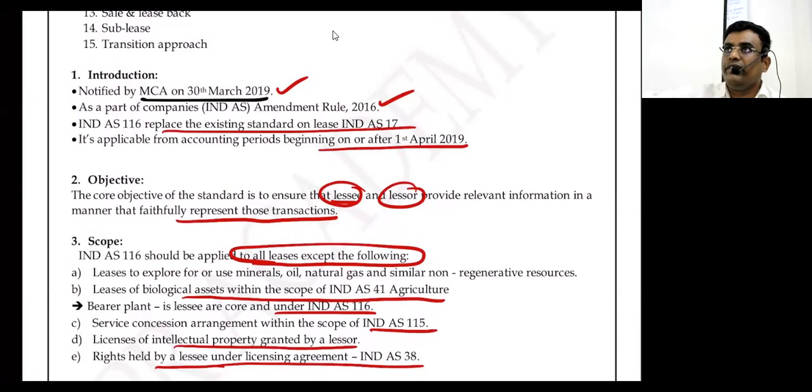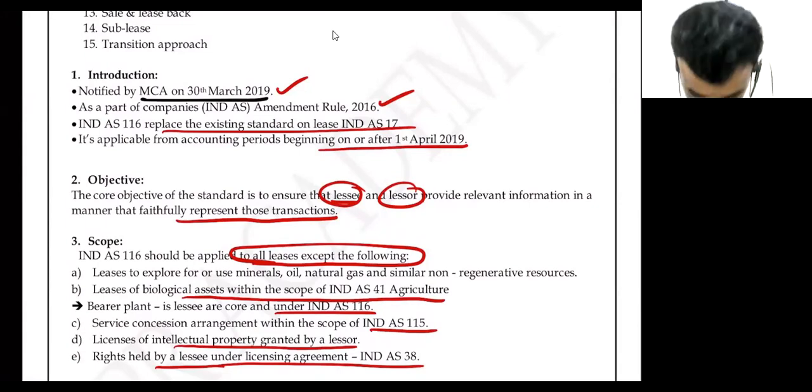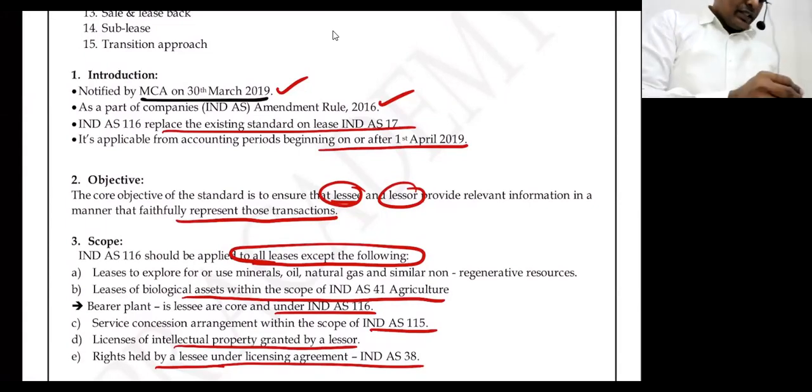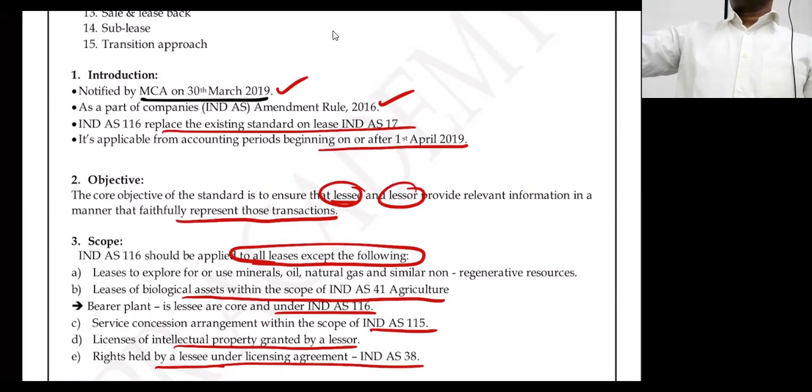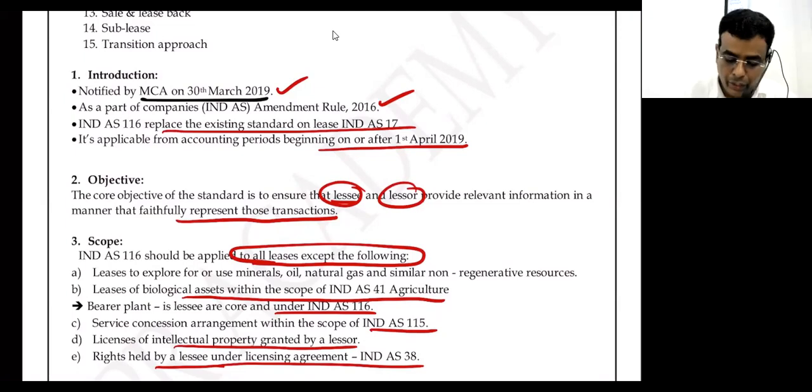The non-monetary will be converted into monetary. Is it clear? Okay, I hope we are clear.